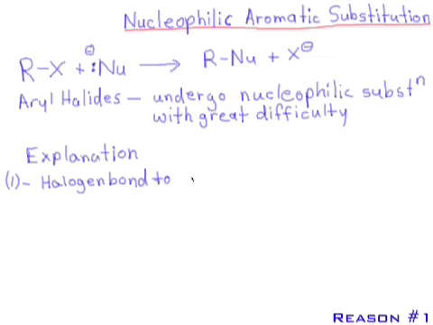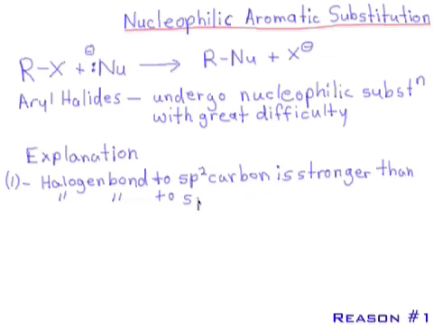The halogen bond to the sp² carbon is stronger than the halogen bond to the sp³ carbon.